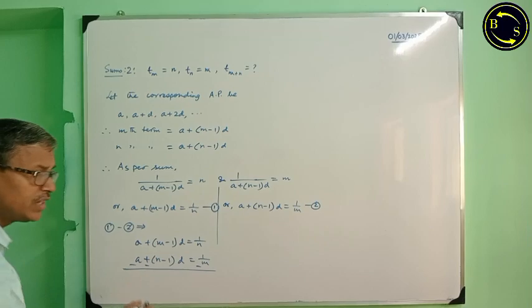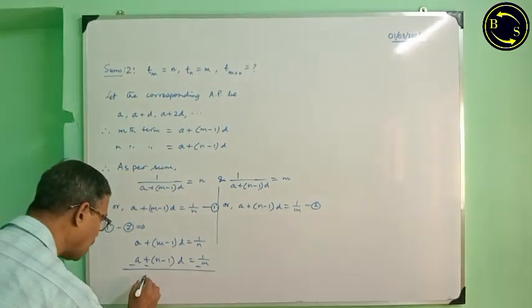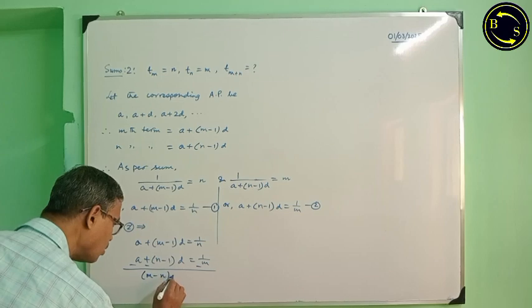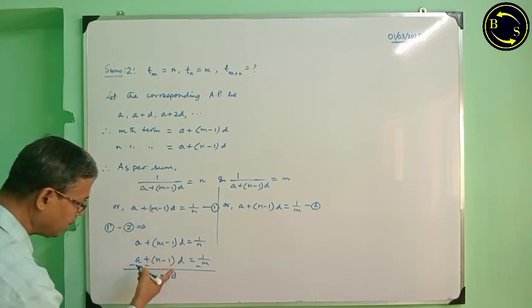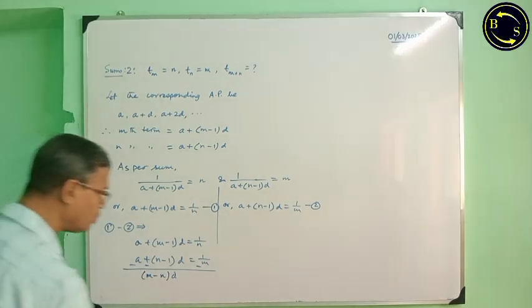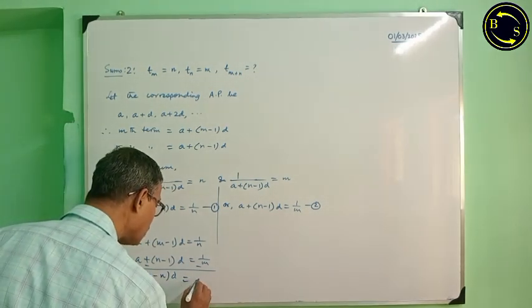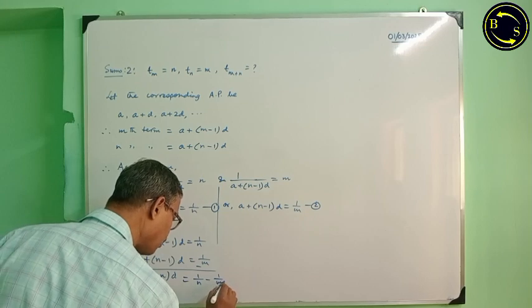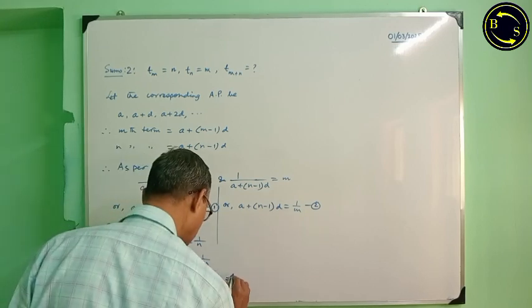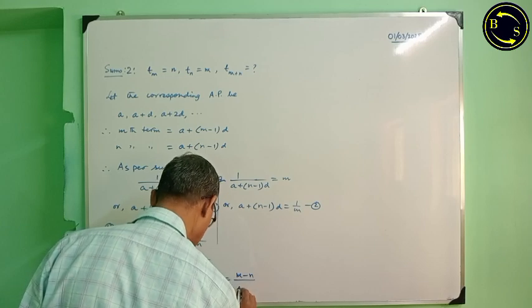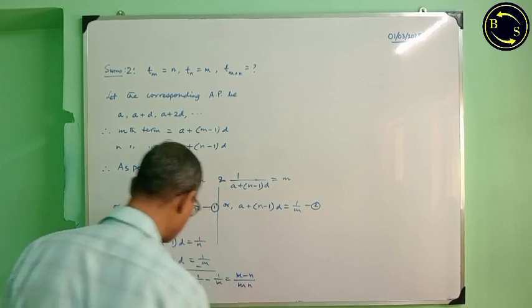Therefore, those A's will be cancelled. I write MD minus nD, therefore (m minus n) whole into D equal to 1 by n minus 1 by m, that is equal to (m minus n) by mn.